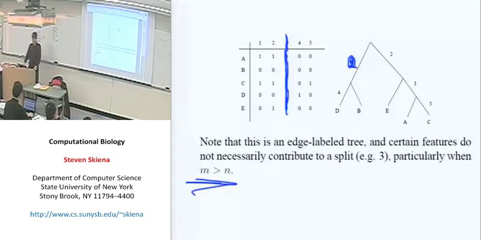Okay? So the important thing, as far as we're concerned, it's an edge-labeled tree, and we're trying to explain the origin of the features. This is actually more interesting, in fact, than just necessarily evolutionary. We had a distance-based tree. This is arguably a more interesting tree, right? It not only says where the species came about, but it tells you something about what the guys at the intermediate nodes looked like.